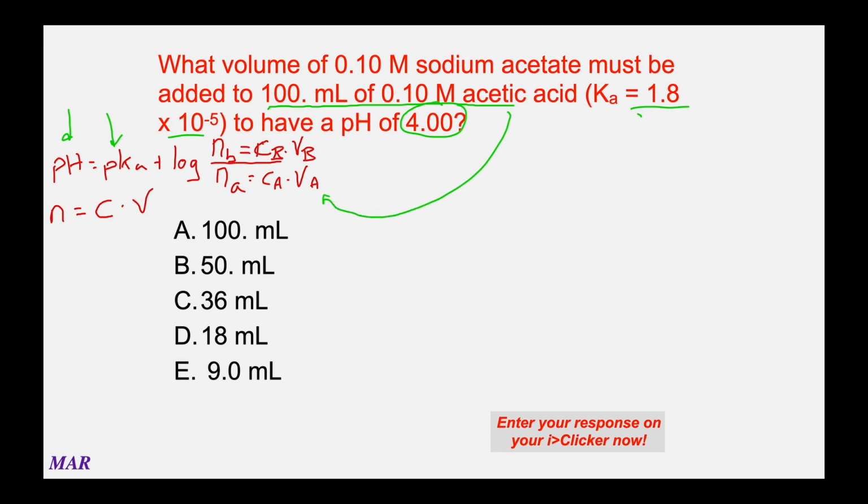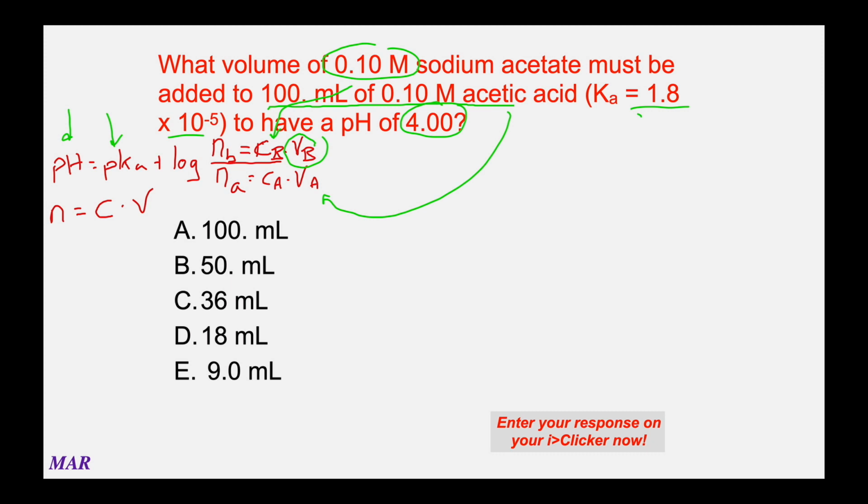And if you want, you can even use 100 milliliters. That's totally fine, because the top part, if it's in milliliters too, you'll be okay. And the base, which is the acetate, that's concentration of the base. So if you look carefully, the only thing you don't have then is volume of base.